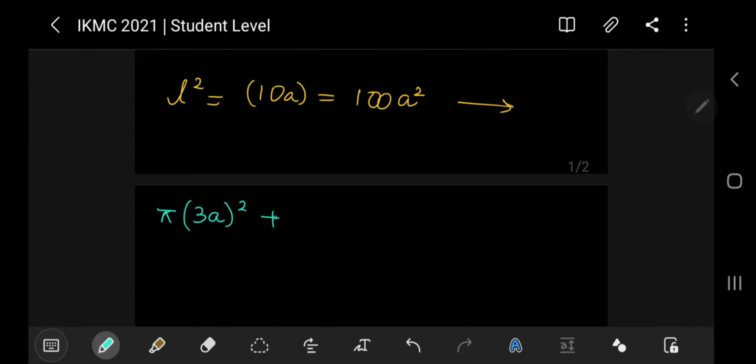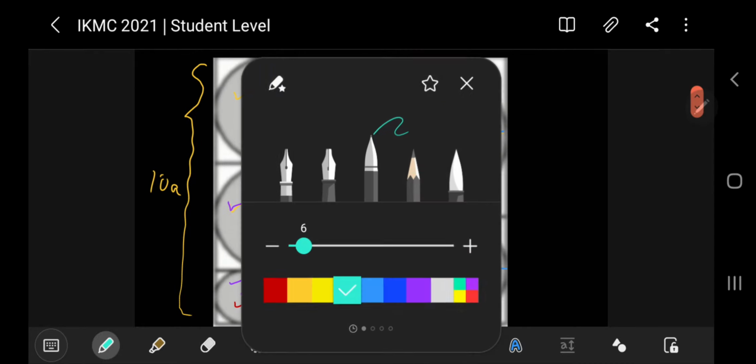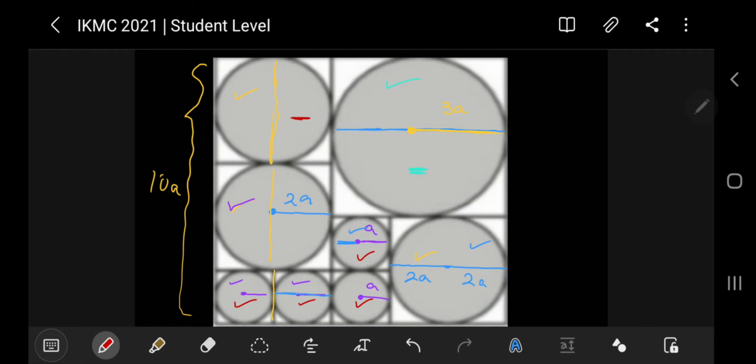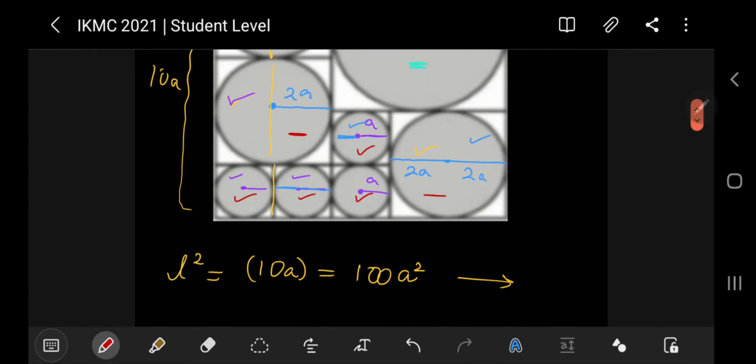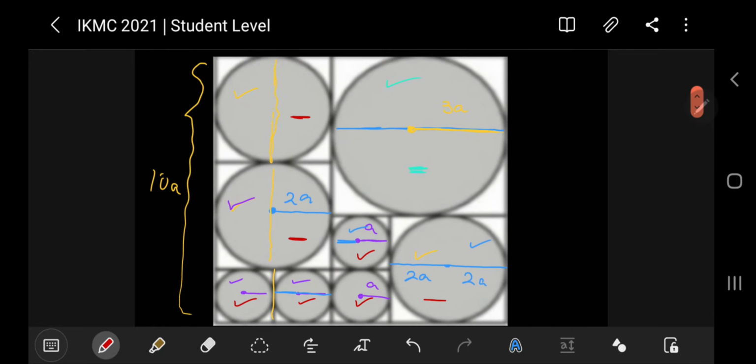And we have three of these middle-sized circles. The area is pi r squared. We have the radius of one of them, 2a, so three of them will have an area of 3 times pi times 2a whole squared.